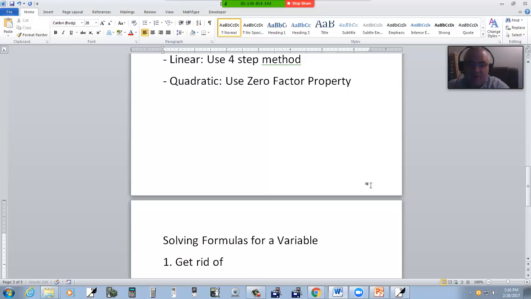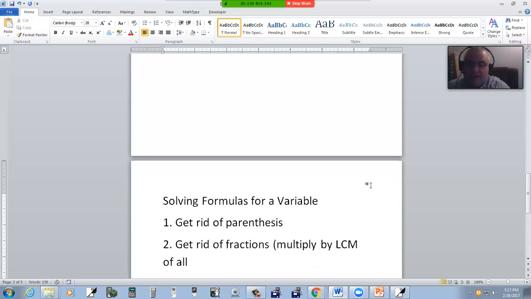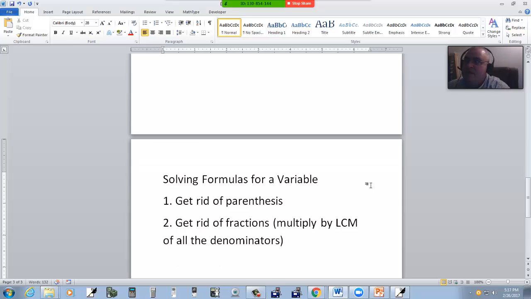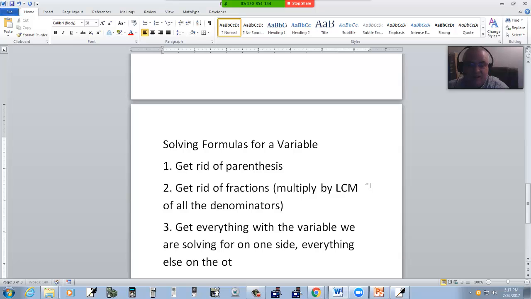Step 1. Get rid of parentheses. We do that via the distributive property again. Step 2. Get rid of fractions. Multiply by the LCM of all the denominators. Step 3. Get everything with the variable we are solving for on one side, everything else on the other side.